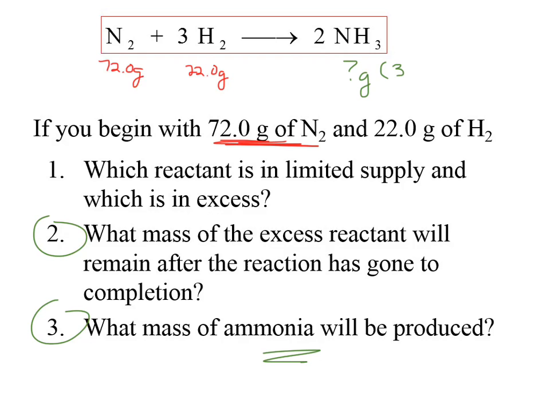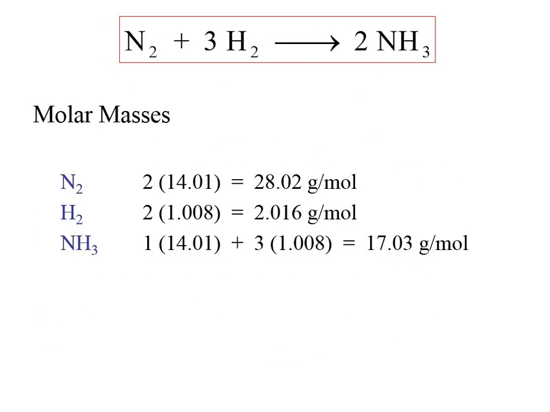Now, we've done calculations where I can go from mass of something to mass of something else, ordinary stoichiometric calculations. But we can't leave first base until we know which one, the N2 or the H2, we're going to use for our stoichiometric calculations.